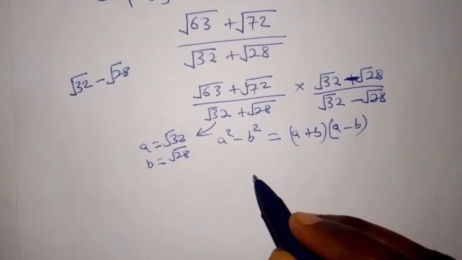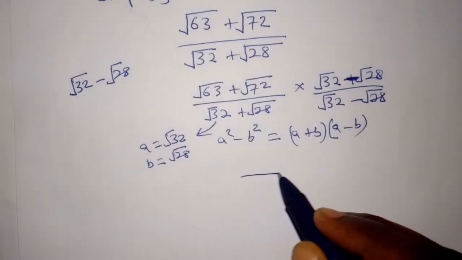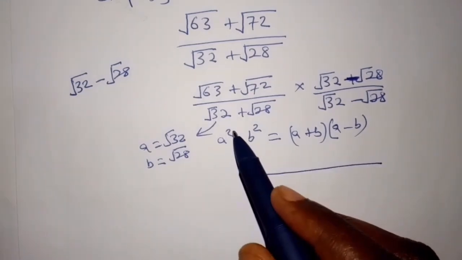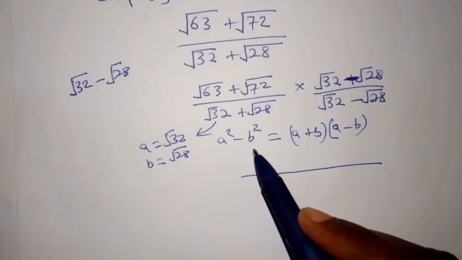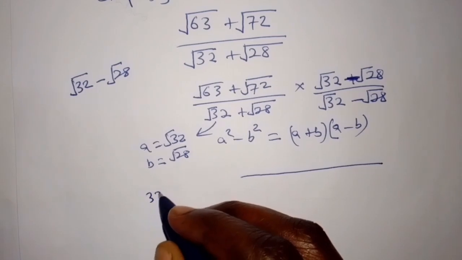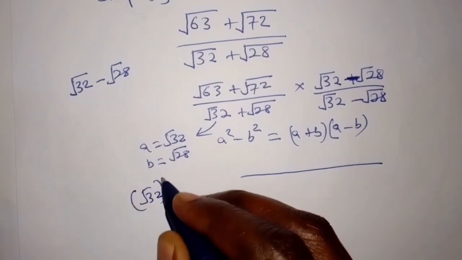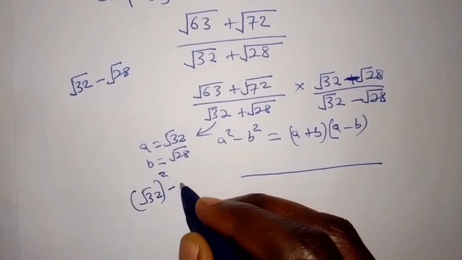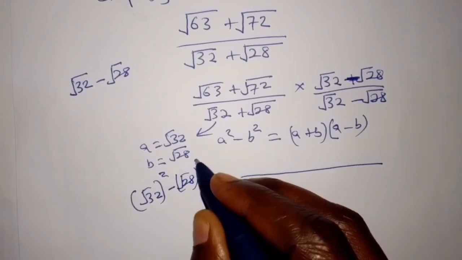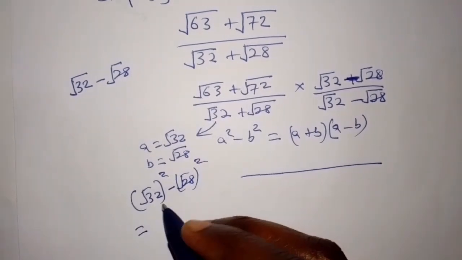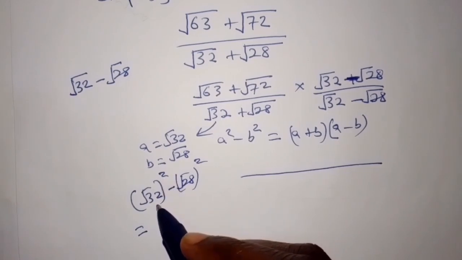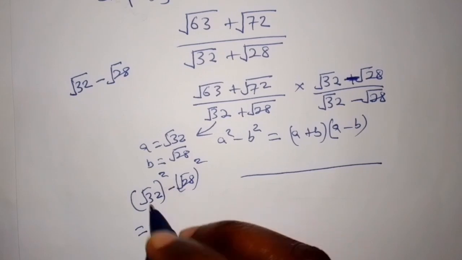So in our denominator, we are going to have square root of 32 squared minus square root of 28 squared, which is giving us 32, since square root of 32 times square root of 32 is 32.